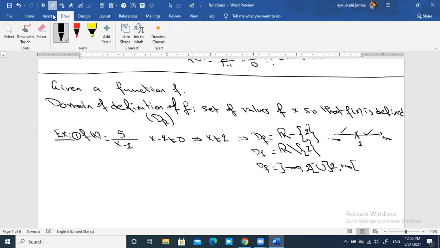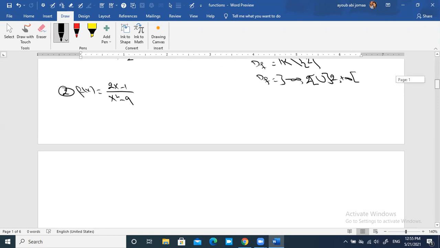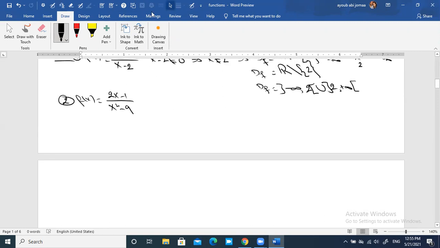Another example. Let's say f of x equals 2x minus 1 over x squared minus 9. What is the domain? How to find the domain? X belongs to any number other than 3, or negative 3. Yes.